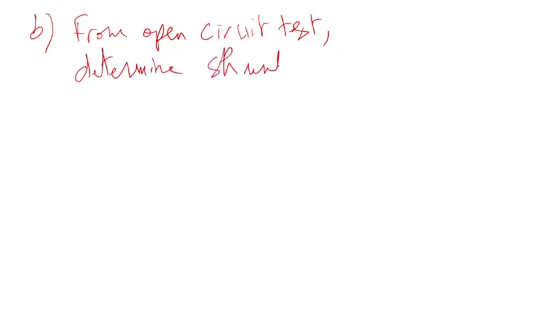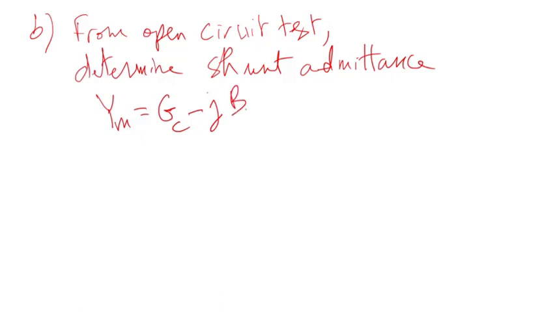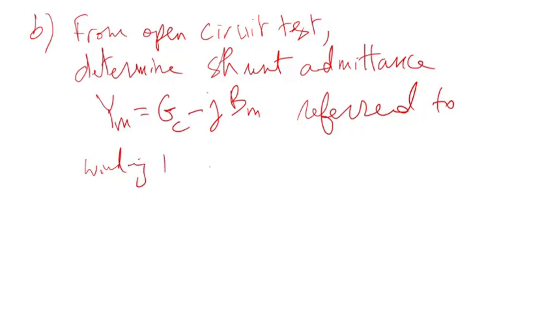We can call it Ym, is equal to Gc minus j times Bm. Gc is conductance, and Bm is susceptance, referred to winding 1. Neglect the series impedance.